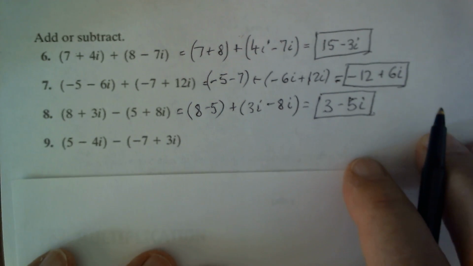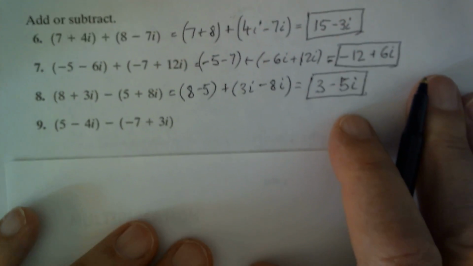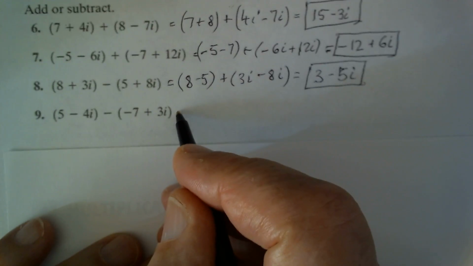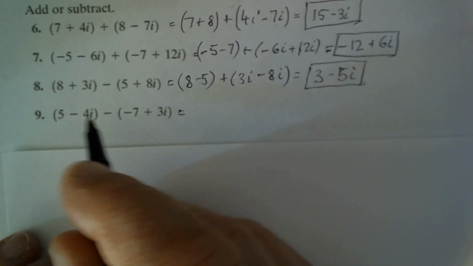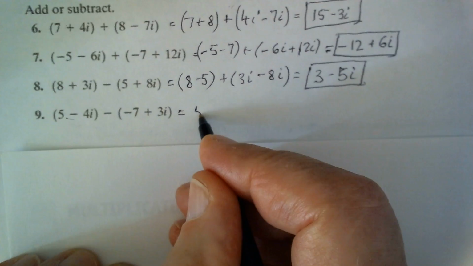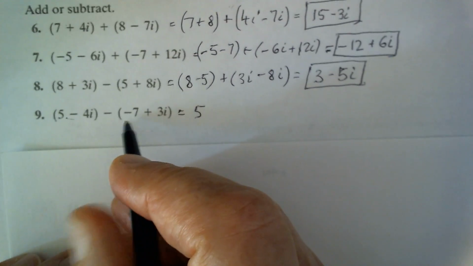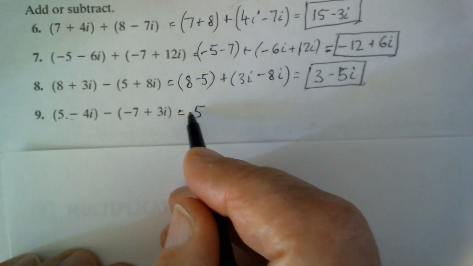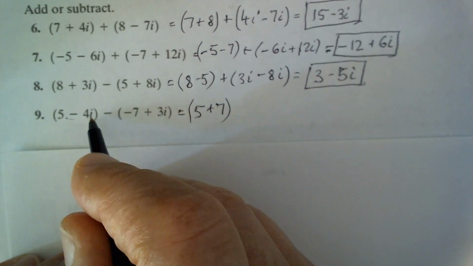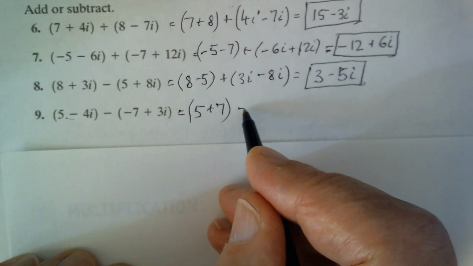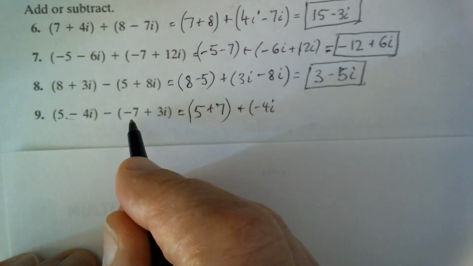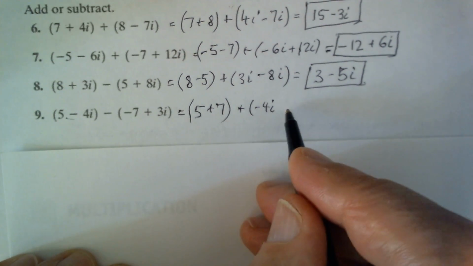And number 9 is very similar. We look at the real parts: for the first one, of course, it's 5, and for the second complex number, it's minus minus 7, so it'd be plus 7. And then we have minus 4i plus minus 4i, and then minus 3i.